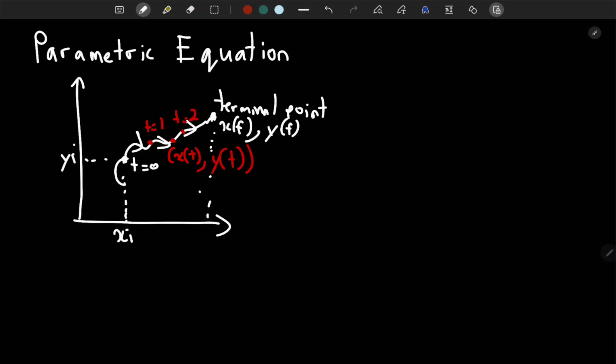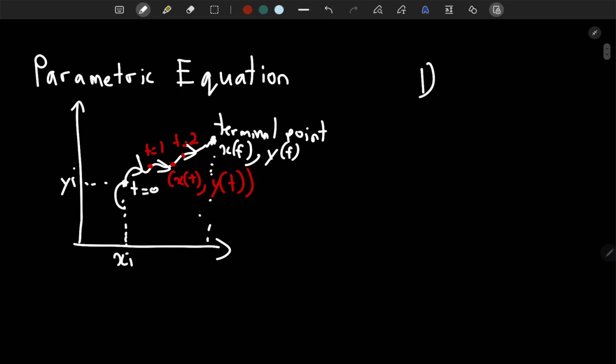So now the general approach that you have to take, whenever you have a question like this for a parametric equation, the first step is always to graph it. So first step, graph and observe the equation.